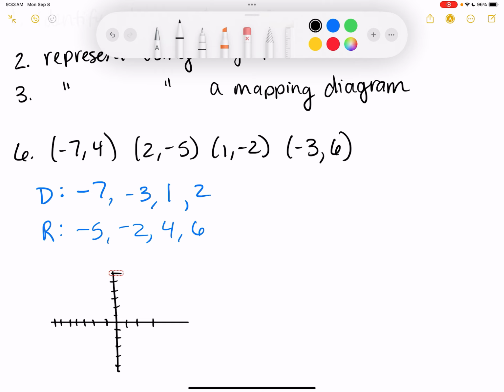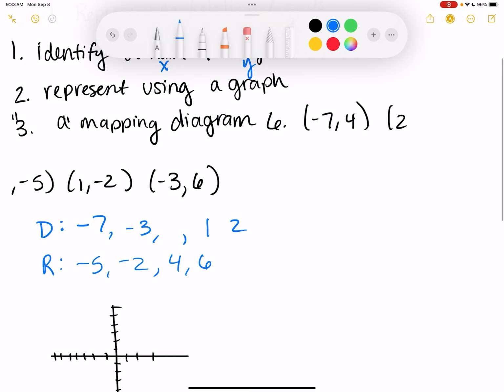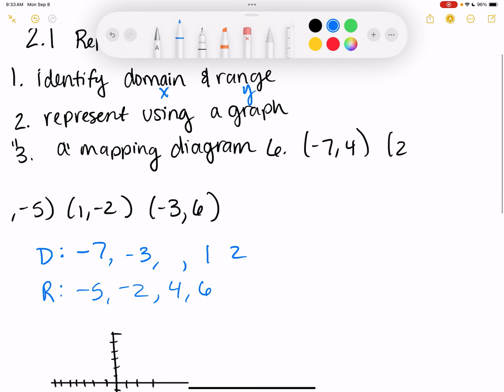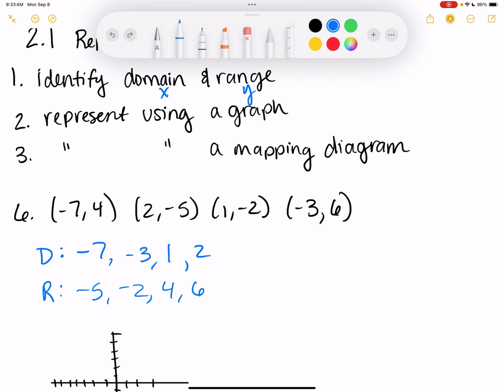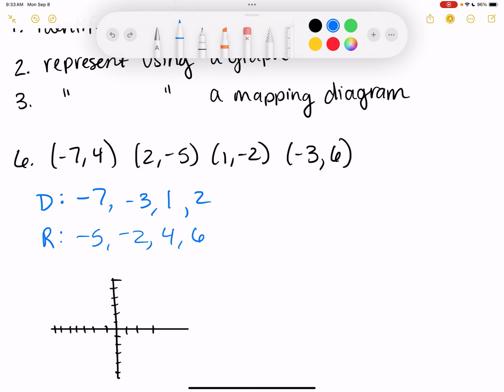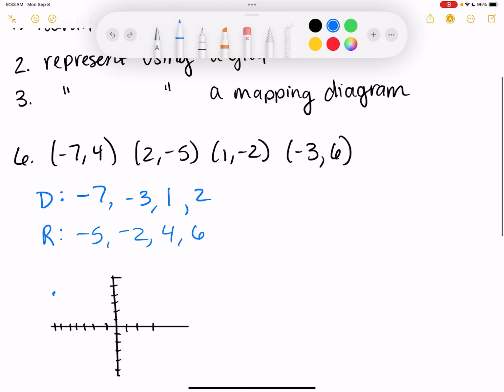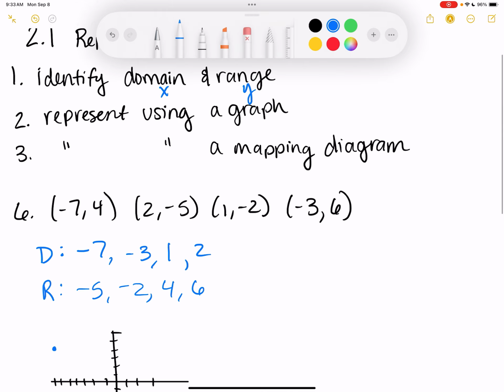So then I'm going to plot each of these points. -7, 4: go left 7, up 4, I mean, +4. Whoa. What just happened? That was weird. Is it the auto thing? I don't know. It just shifted everything. It was very weird, but I fixed it.